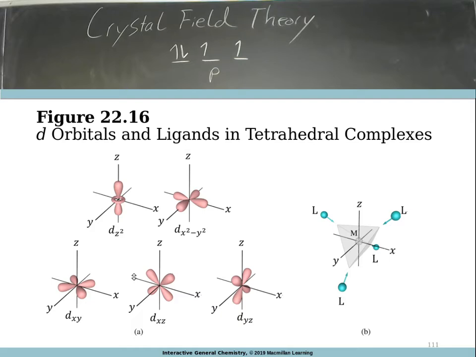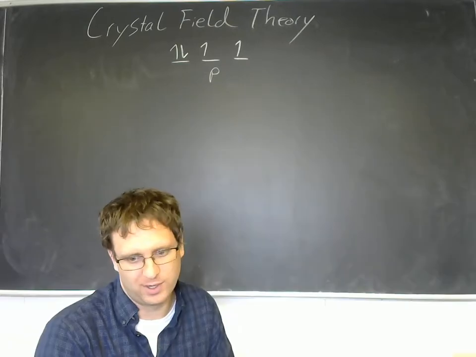The z squared and the x squared minus y squared are the ones that are sort of pointing between the ligands and minimizing the repulsive interactions with those new electrons forming the coordinate covalent bonds.